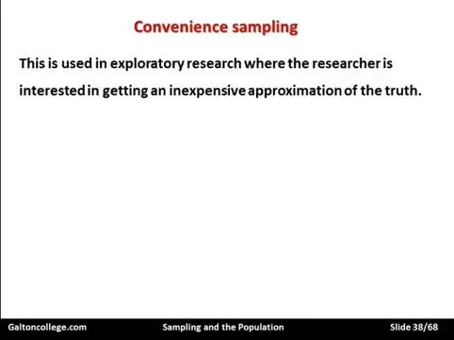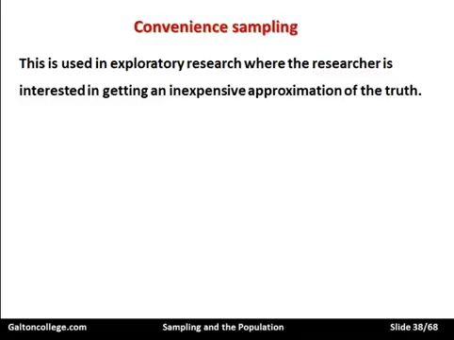Convenience sampling. Well, this is non-probability. This is used in exploratory research where the researcher is getting an implicit approximation of the truth.